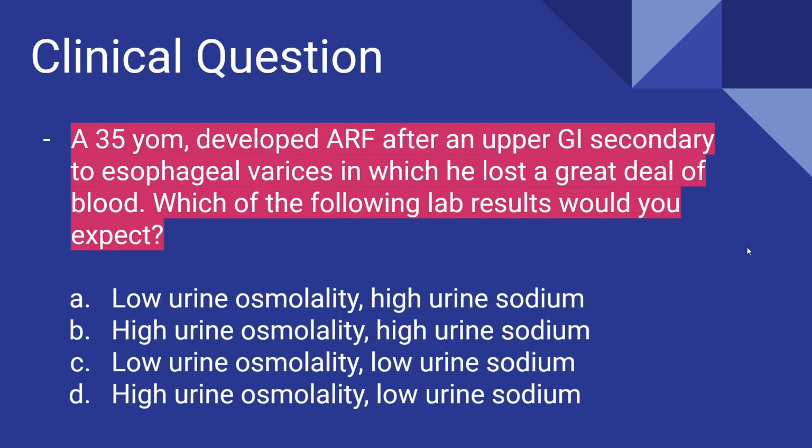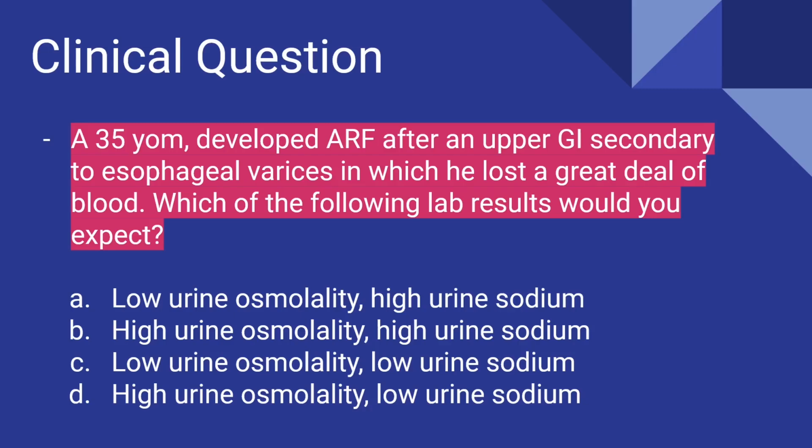So a 35-year-old male developed an acute renal failure after an upper GI bleed secondary to esophageal varices, in which he lost a great deal of blood. Which of the following lab results would you expect?